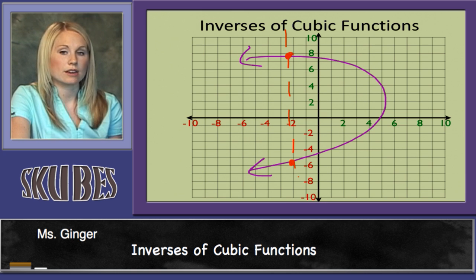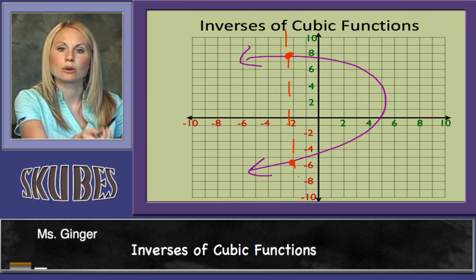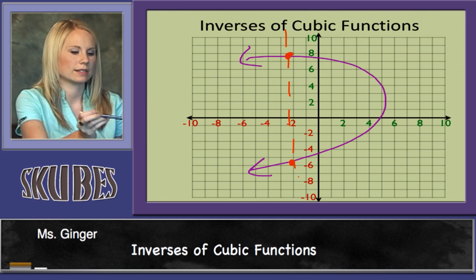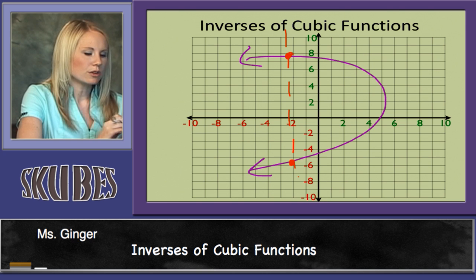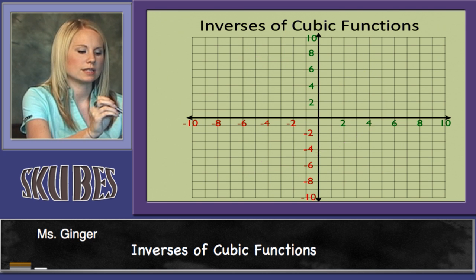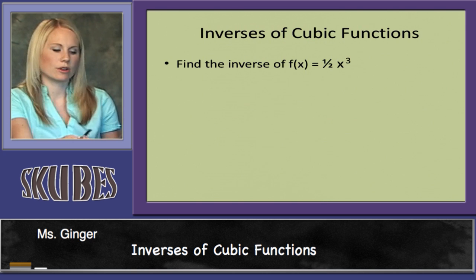So that means what I'm looking at here is not a function. So that's just a basic review of how we know if we have a function or not, the vertical line test. So the particular function we're looking at is the inverse of the cubic function.